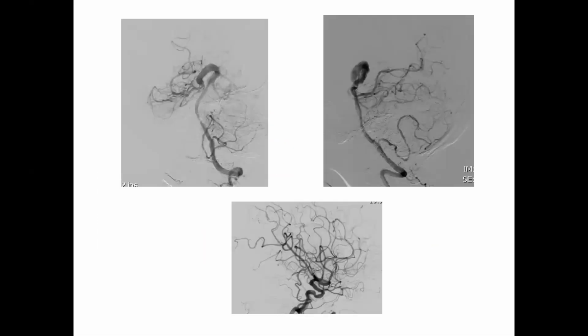This is the aneurysm in AP view and lateral view; it doesn't have a functional posterior communicating artery. At the end of the aneurysm, you see the superior cerebral artery and the posterior cerebral artery.